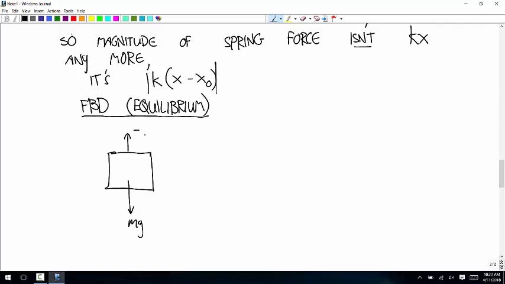So this is going to be negative k times (x minus x 0). And we've chosen our x equals 0 to be at the equilibrium position. So this goes away.